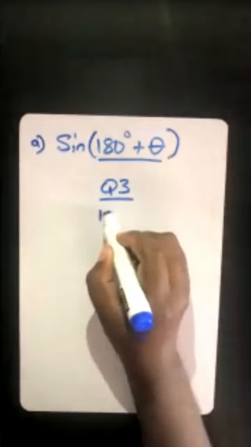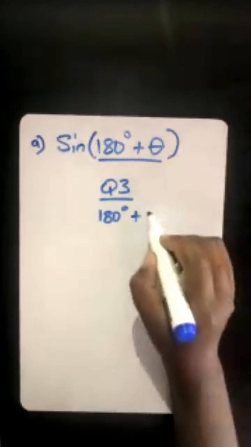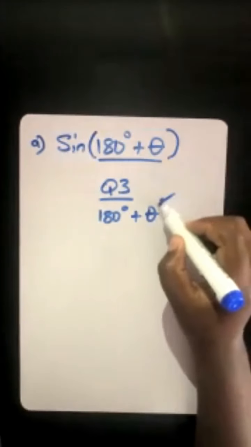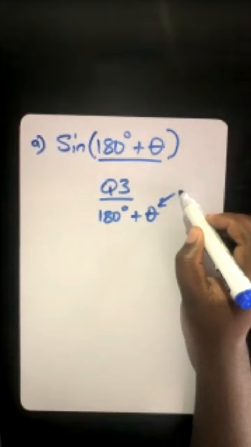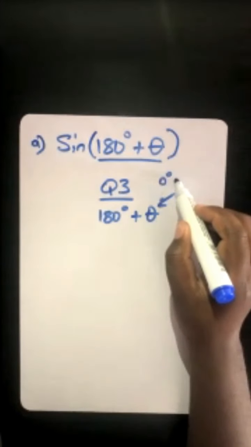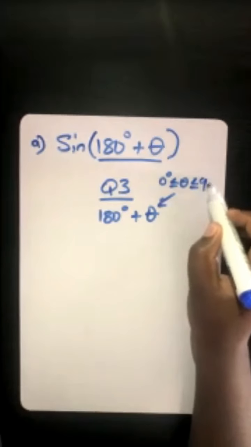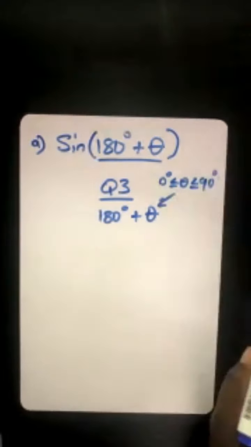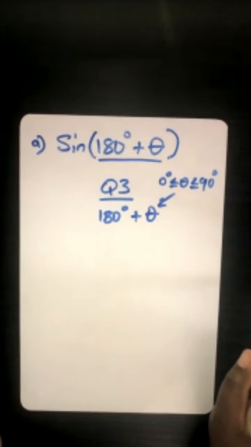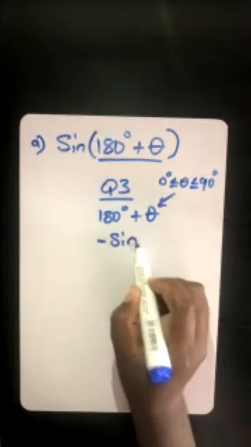Why do I say it falls in the third quadrant? It's because it's 180 degrees plus an angle, and that angle should be an acute angle. What does it mean when it's an acute angle? It's an angle which falls between 0 and 90 degrees. And again, in this third quadrant, sine is negative.